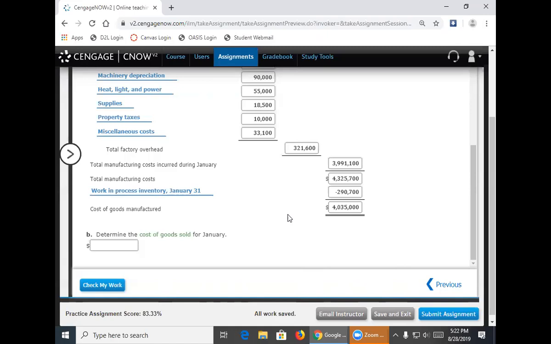So the beginning balance of 675,000 plus 4,035,000 minus 715,000, you should get 3,995,000. That's our cost of goods sold.